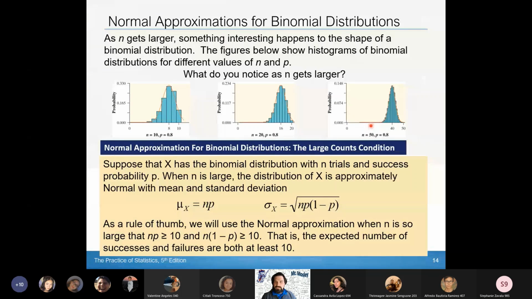When n is large, the distribution of X is approximately normal with mean and standard deviation calculated the same way we just said for a binomial distribution: np and the square root of np times 1 minus p. As a rule of thumb, we will use the normal approximation when n is so large that np is greater than or equal to 10, and n times 1 minus p is greater than or equal to 10. Both things need to be true. That is, the expected number of successes and failures are both at least 10.